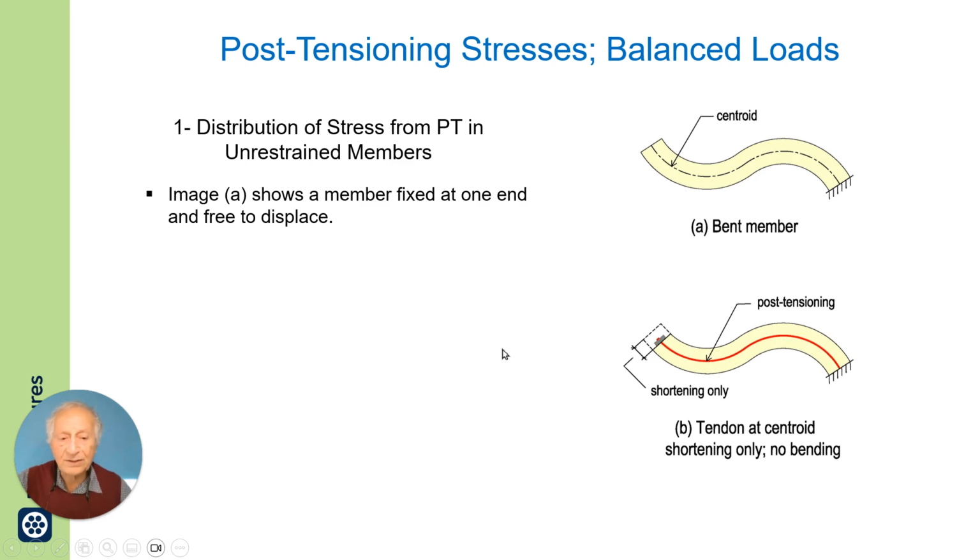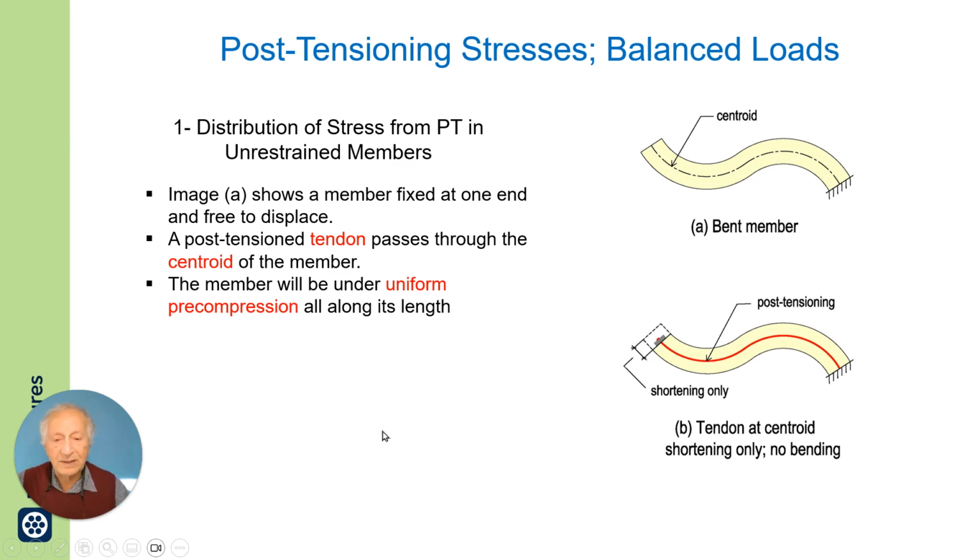The combination of the two results in a uniform stress for a tendon that passes through the centroid and is not connected anywhere else.